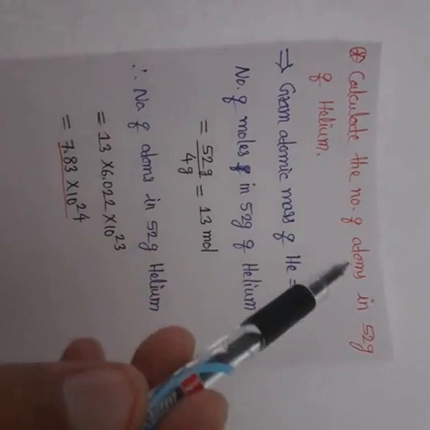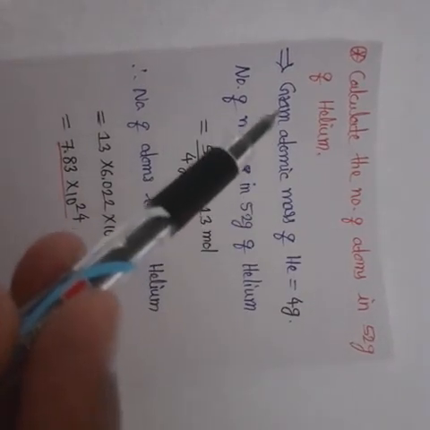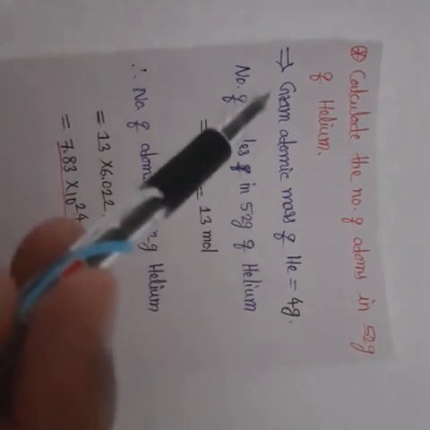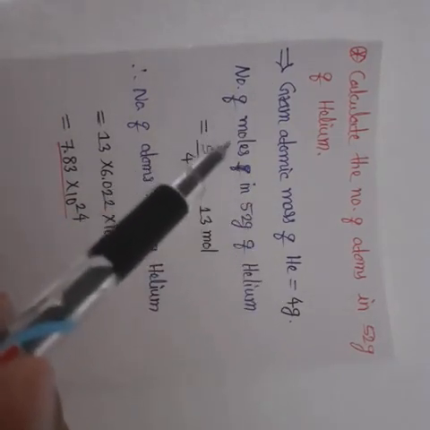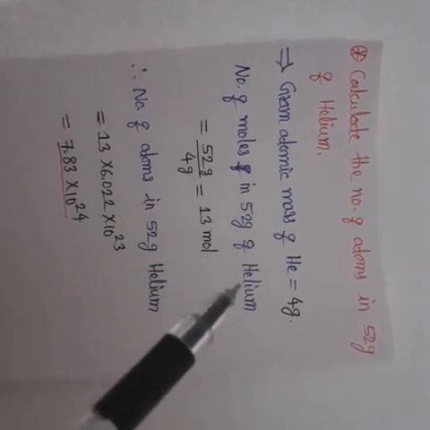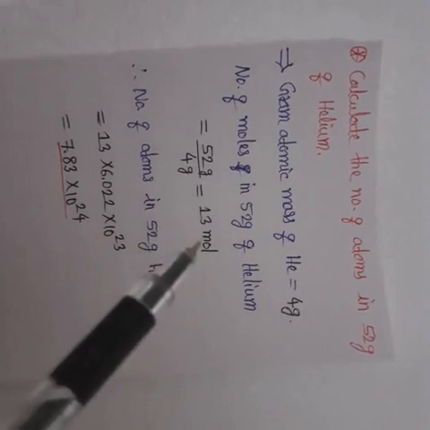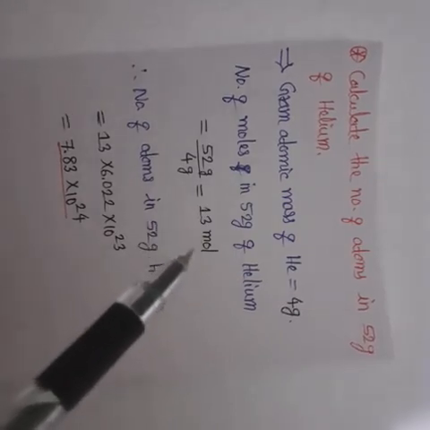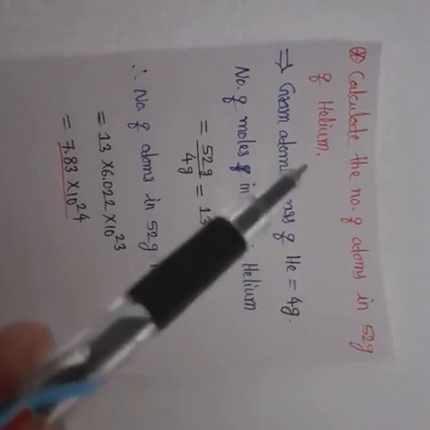Calculate the number of atoms in 52 gram of helium. Here atomic mass of helium in grams is 4 gram. Number of moles in 52 gram of helium means 52 divided by 4, that gives 13 mole. But here we need to calculate number of atoms in 52 gram of helium.